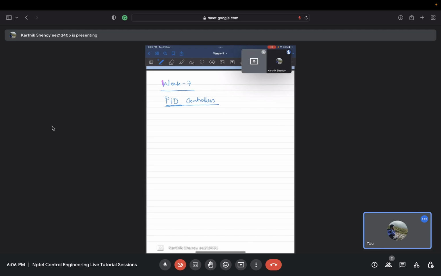For the first half we'll discuss the addition of poles and zeros and what they do to the system. We'll look at poles added to the open loop and closed loop transfer functions.